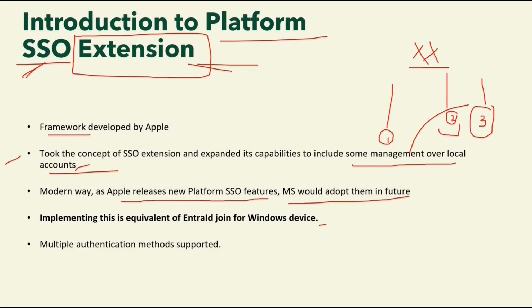Second, you are no longer building a shim or a goofy layer like that. And third, you have a total SSO experience in the device, and you are managing the local account and its password as well, to an extent which we will see later on in this session.